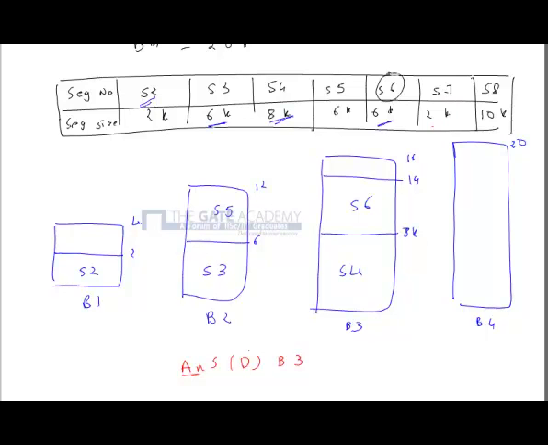So S7 requires 2K, which can be allocated to B1 or B3. For simplicity, let's assume it is allocated to B1. And last is S8, which requires 10K, so it will be allocated to B4. Fine.